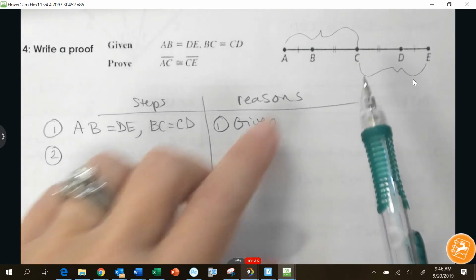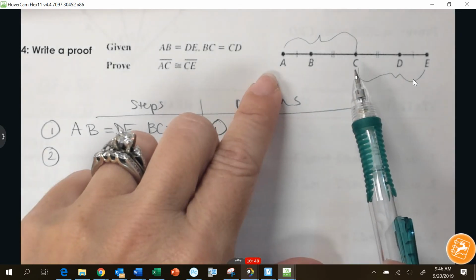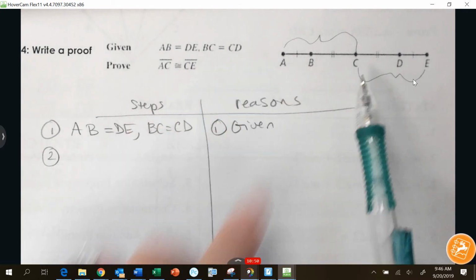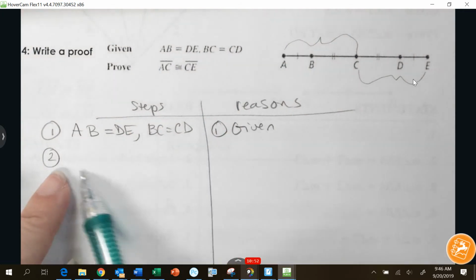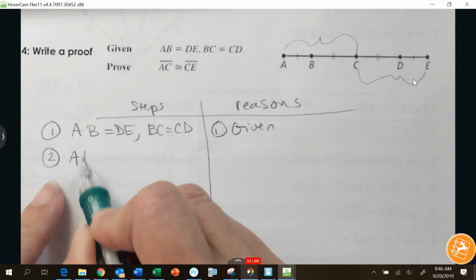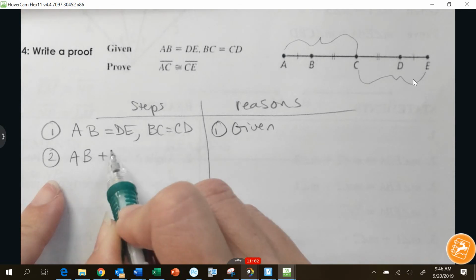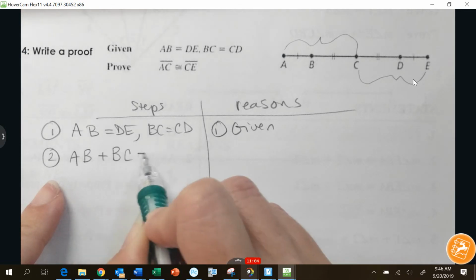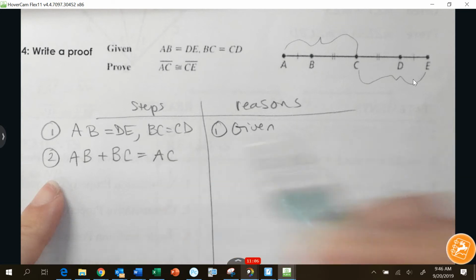Is there any way that I could get AC by looking at this diagram, that I could write something that has AC in it? That we've done? Hayden? It's exactly what I was thinking. AB plus BC equals AC.